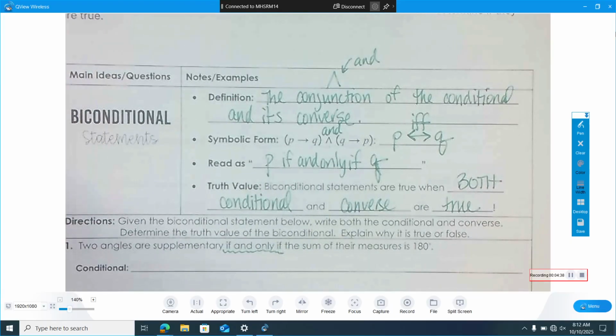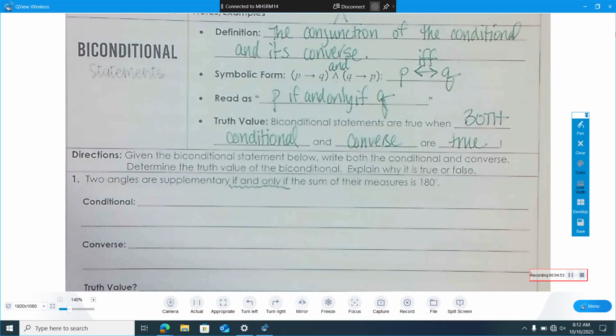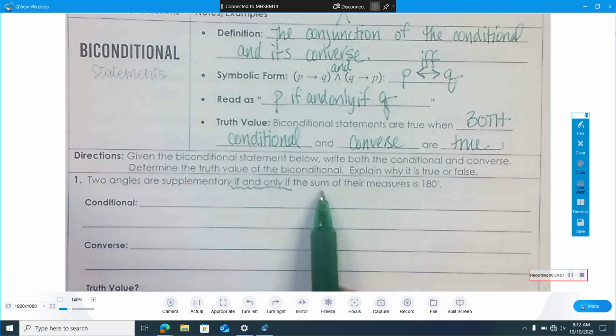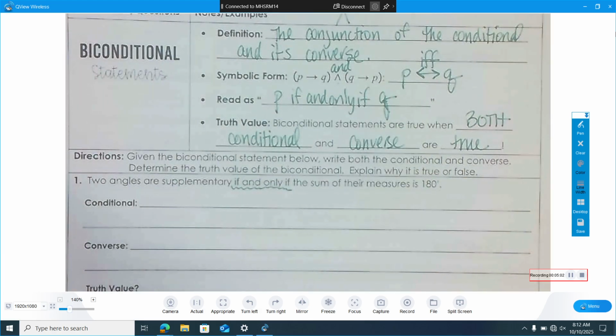Explain why it is true or false. Well, we're going to actually write it out longhand here. So here's our statement. Two angles are supplementary if and only if the sum of their measures is 180 degrees.